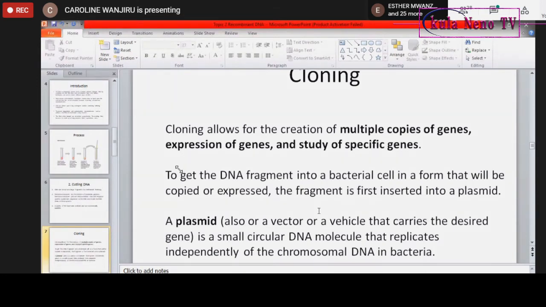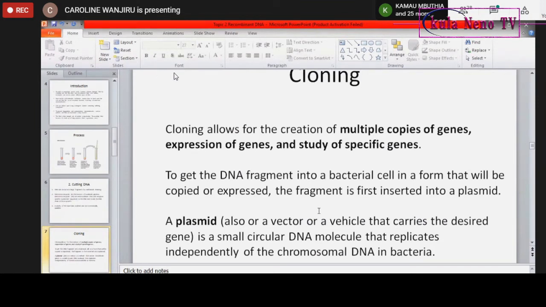Remember, when you're studying genes, you can't use just one gene. You need very many genes. So will you keep going to look for restriction enzymes, cutting the gene, and that kind of thing?